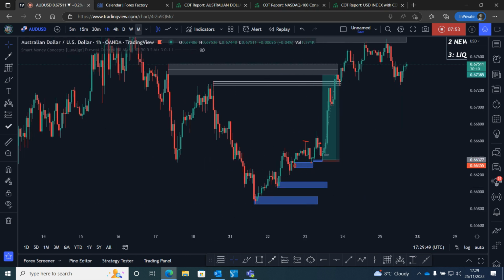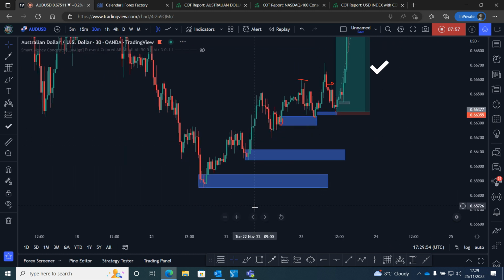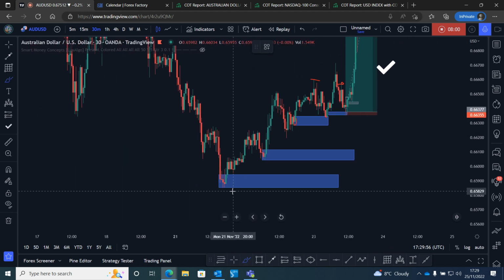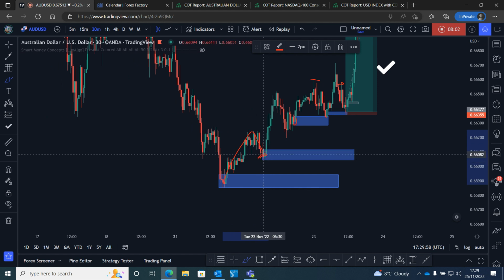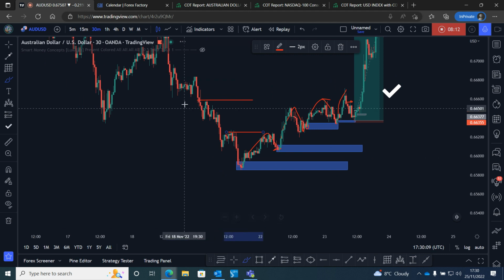With this happening, I decided to go on a smaller time frame to fully understand what's happening. Then I started to see a first break of structure here, a second break of structure here, and a third break of structure here, fully breaking these two levels, which are the bearish levels that we have.